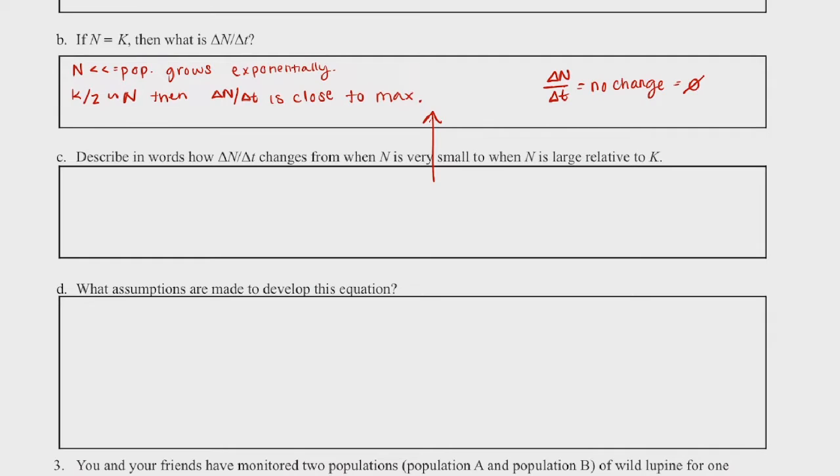when K over 2, so if we say, all right, I'm going to put K on the graph increasing. And if the number of individuals is reaching this half point of carrying capacity, then this delta N over delta T is actually approaching its max.